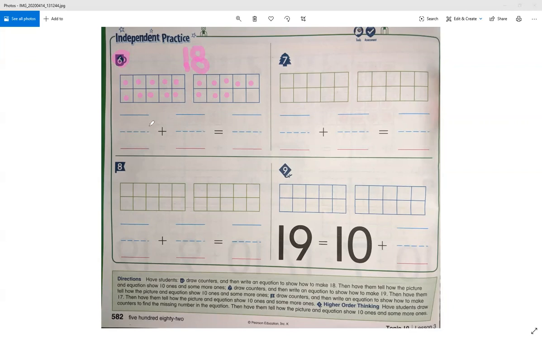So for our equation, we should have 10 and then 8, and that equals 18. So now you can say 10 plus 8 equals 18. So y'all go ahead and just write this equation down.